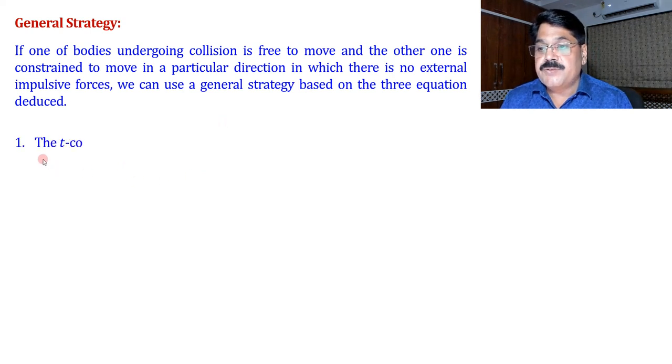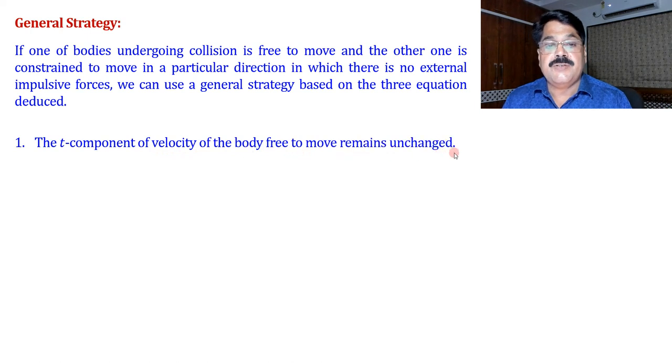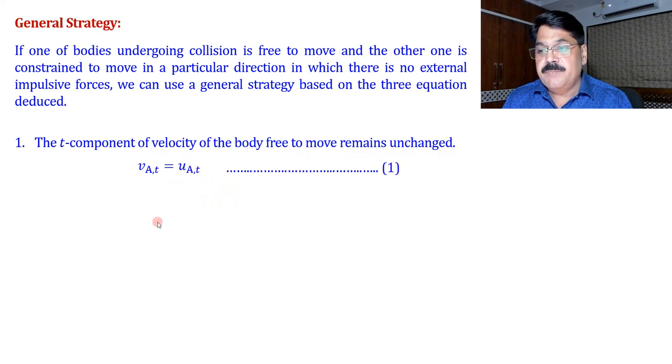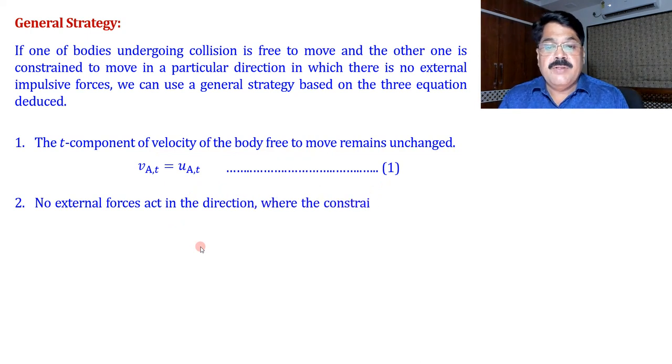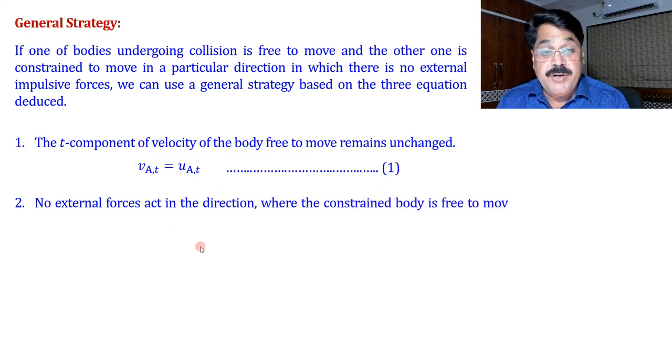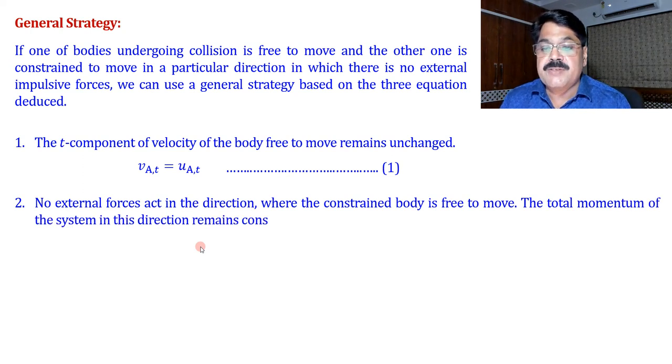First, the t component of velocity of the body free to move remains unchanged, VAT is equal to UAT, equation number 1. Second, no external forces act in the direction where the constrained body is free to move, so the total momentum of the system in this direction remains conserved.